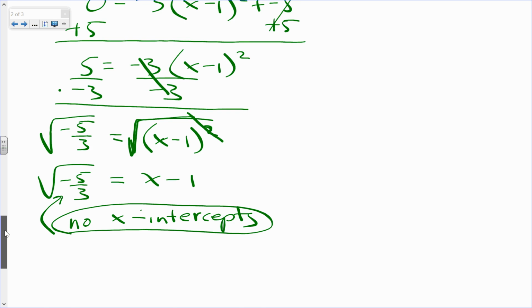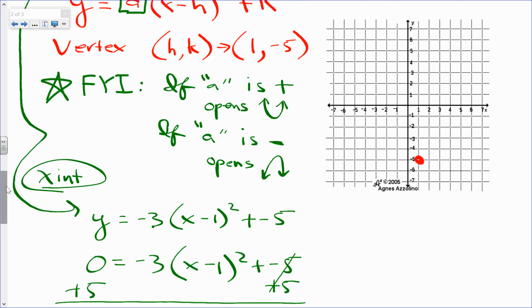So all we have right now is a vertex. There it is in red, all by itself. That's it. No x-intercepts. There will be a y-intercept, though. It will cross the y-axis at some point. Remember, this is going down, so this parabola is coming down like that. So it's going to cross the y-axis somewhere, which we're going to find out now.